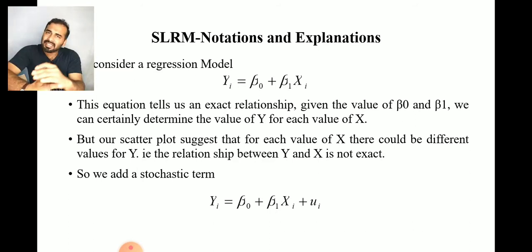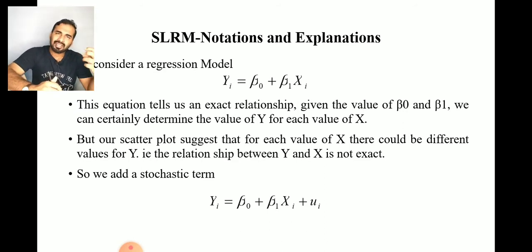SLRM is nothing but a regression equation where there will be only one dependent variable and one independent variable. Or simply we can say that a regression model with only one explanatory variable is called a simple linear regression model, or what we call a two variable regression model. A two variable regression model will look like yi = beta 0 + beta 1 xi. Why am I putting yi here?